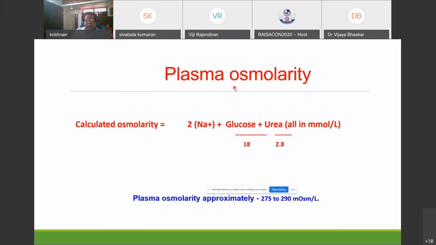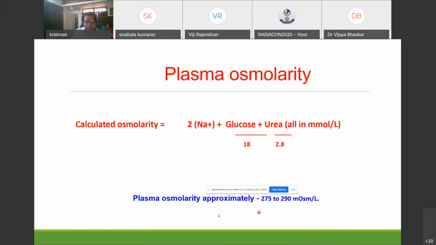So this is the common method of calculating the osmolarity: 2 into sodium plus glucose by 18 and urea by 2.8. The 2 into sodium is because sodium is usually associated with chloride. So you get approximately 270 to 290 milliosmol per liter.